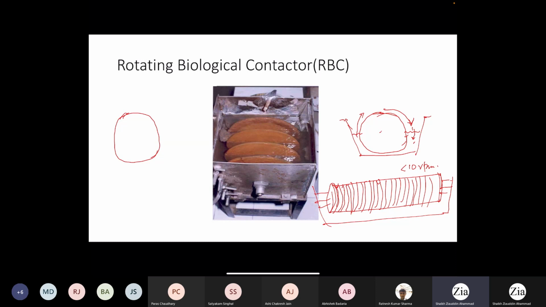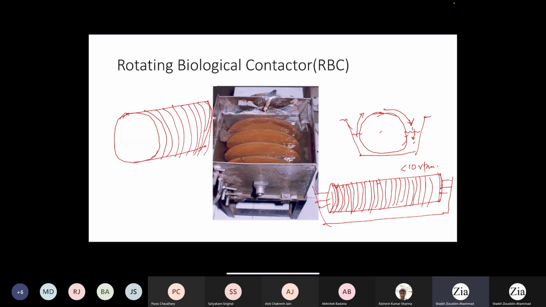Sometimes you can use some low density polyethylene, because when you try to rotate the entire cylinder, it is composed of a stack of disks. So ultimately, if you see the cylinder, multiple disks are kept parallelly.